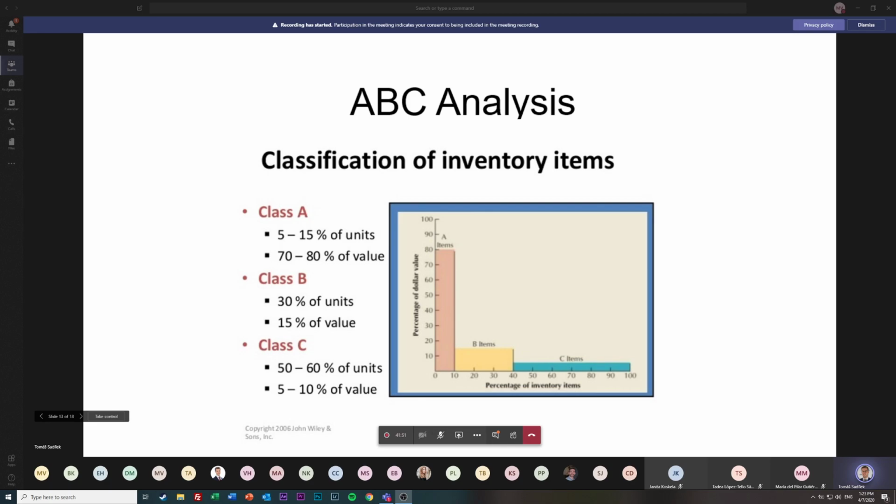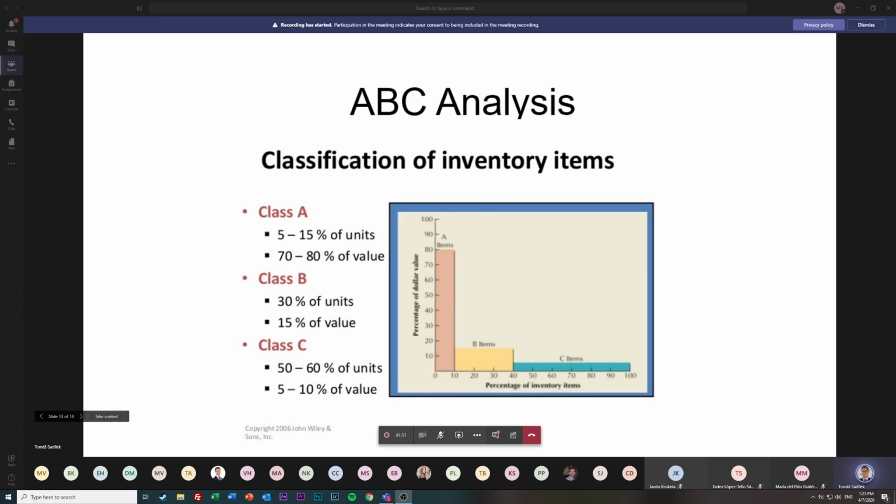For BCG students, we first did the BCG analysis, and now we have two more tasks. One is for the ABC analysis, and one more is for the SWOT analysis.